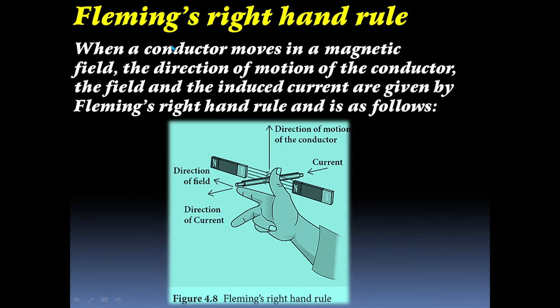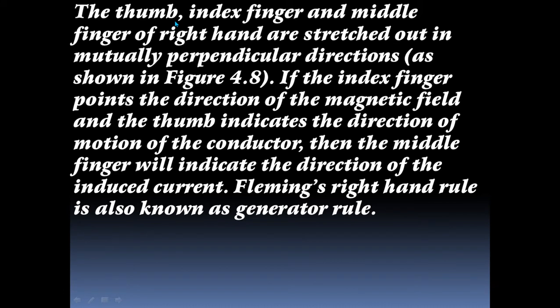When a conductor moves in a magnetic field, the direction of motion of the conductor, the field and the induced current are given by Fleming's right-hand rule, as follows. What is the statement of the right-hand rule? The thumb, index finger and middle finger of the right hand are stretched out in mutually perpendicular directions.